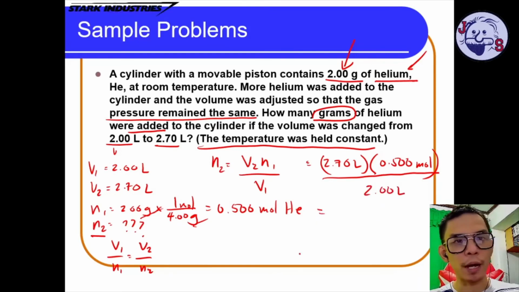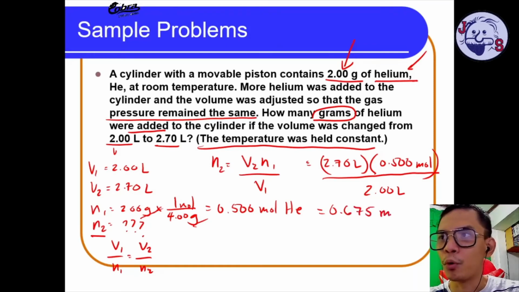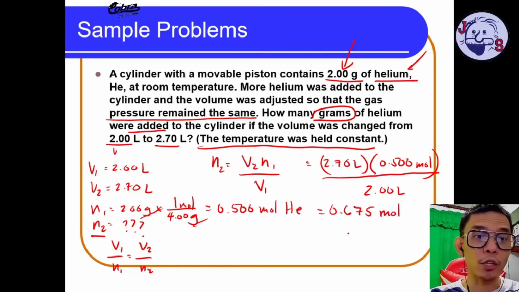With the use of our calculator, we have 2.70 times 0.5 divided by 2. The answer will be 0.675 mole. But the question is not looking for moles, it is looking for grams.